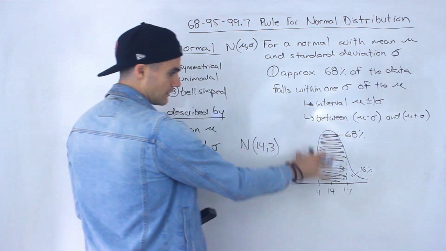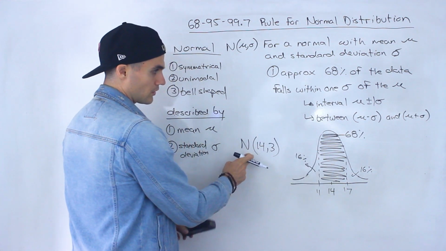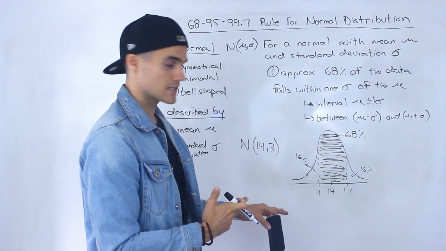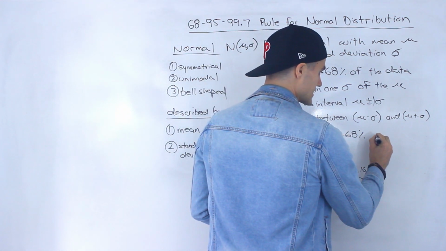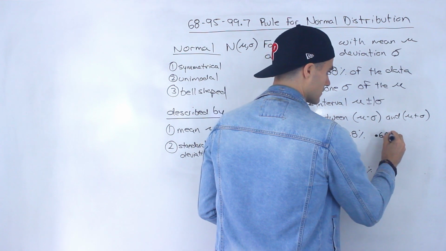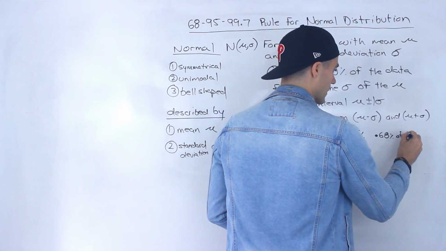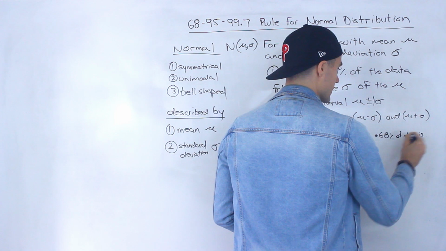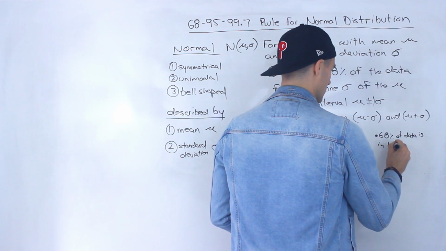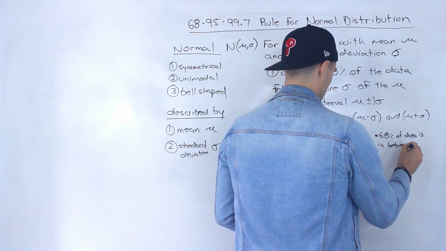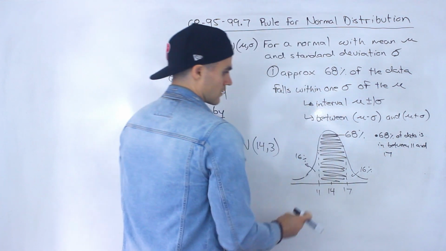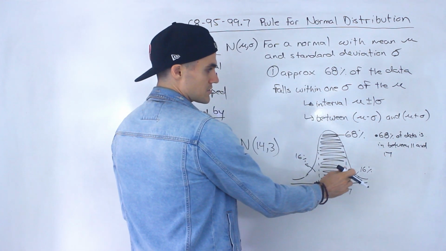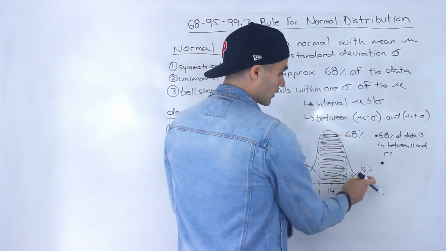And given this, with this specific normal here, you can start making certain statements. So you can say that 68% of the data is between 11 and 17. Right? But you can also start making other statements regarding these other areas.